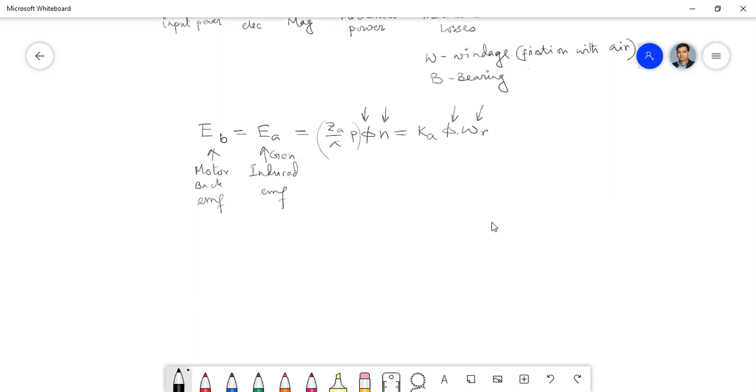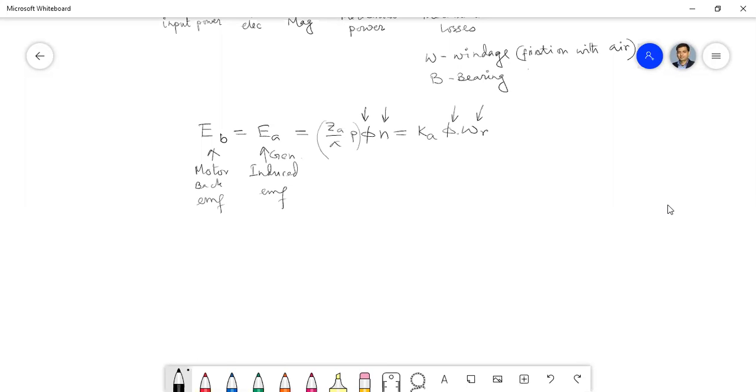So if there is no current through the armature, why will the motor start rotating? Now suppose, when the motor is rotating with some load, suddenly the load becomes 0. The armature current is proportional to the load, isn't it? Even then the back EMF will be there. Yes, sir, back EMF is in no way dependent on the armature current.